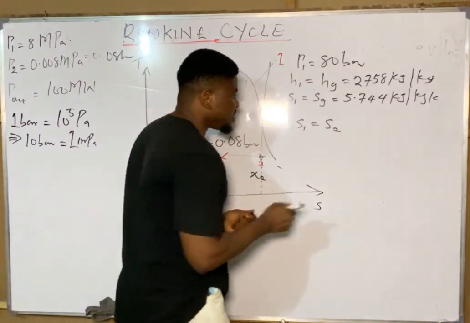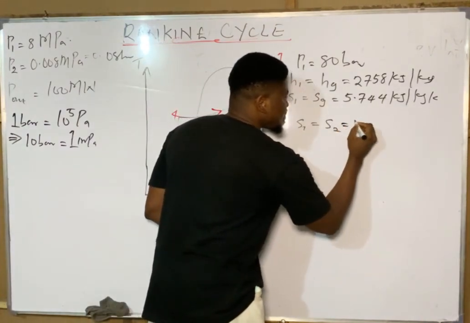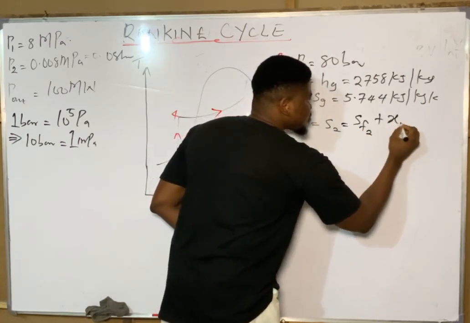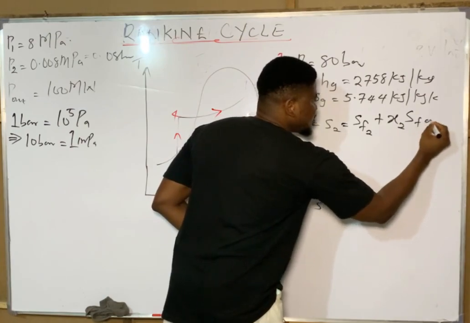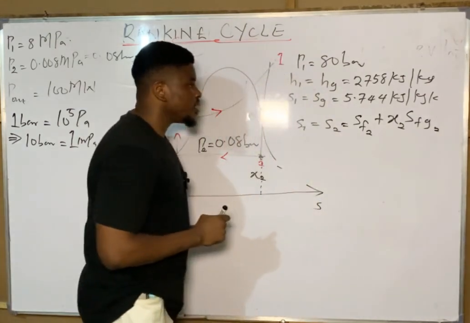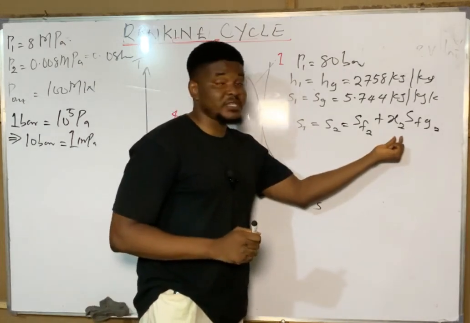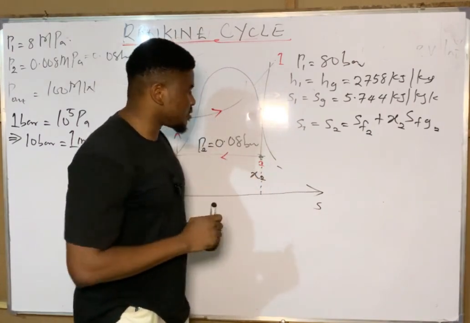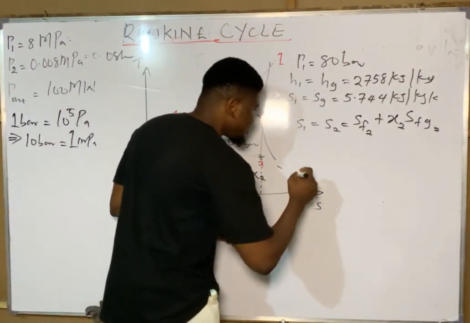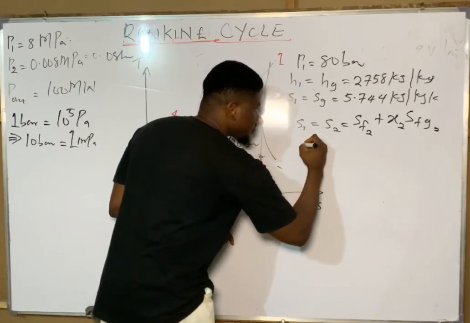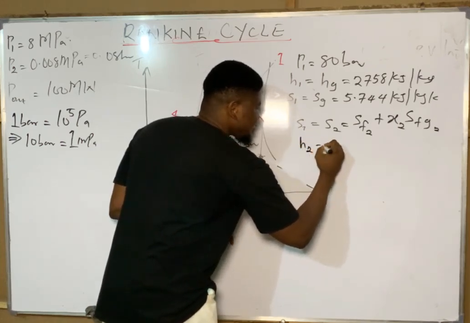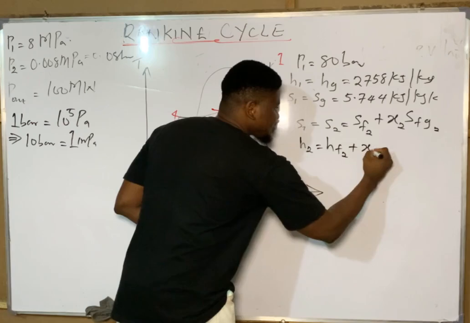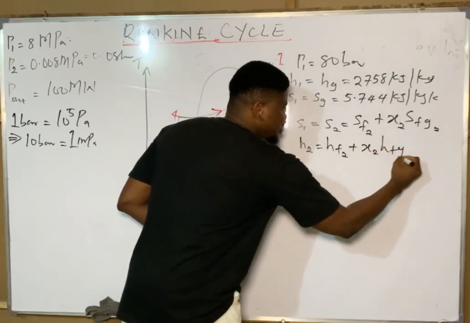To get this, we simply employ the relationship: S2 is equal to SF at state 2 plus X2 SFG at state 2. Simple. So what we're looking for now is X2, the dryness fraction. Why are we looking for X2? Because to find the enthalpy at state 2, H2 is going to be equal to HF2 plus X2 HFG2.